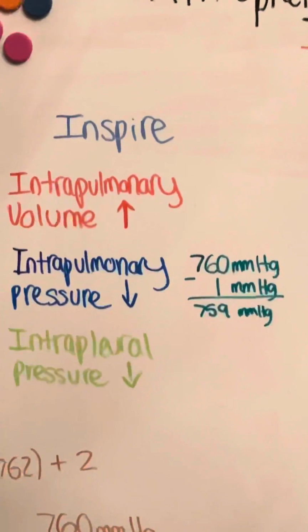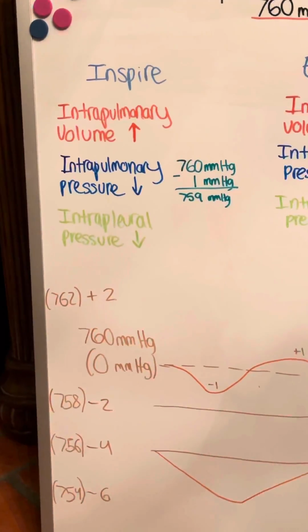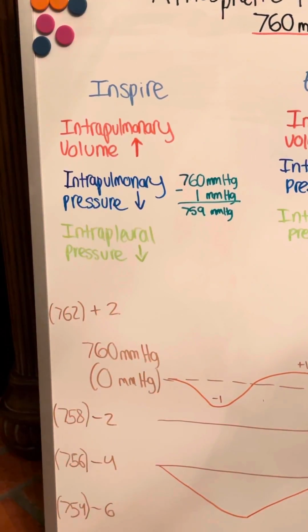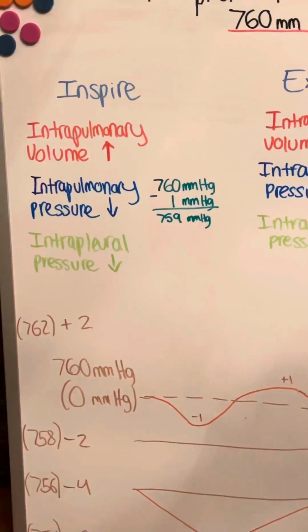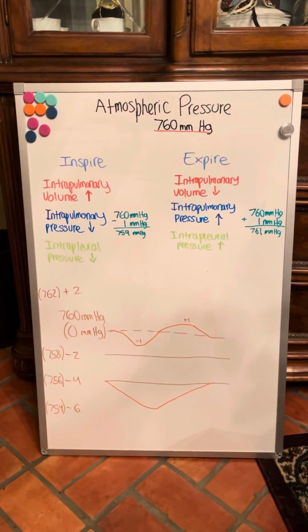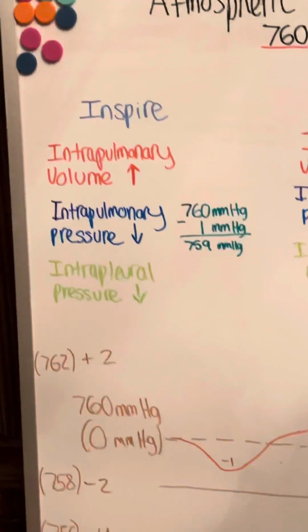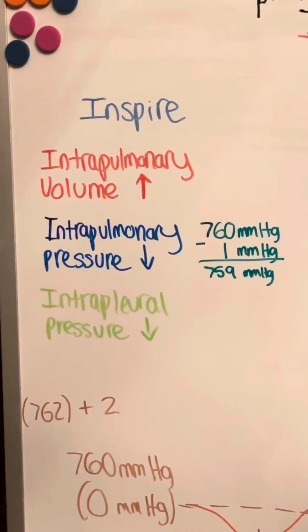So breathe in, breathe out. We're going to start off by talking about intrapulmonary volume and intrapulmonary pressure and how they relate to each other. If you remember, we talked about Boyle's law, and that's pretty much stating that volume and pressure have an inverse correlation.